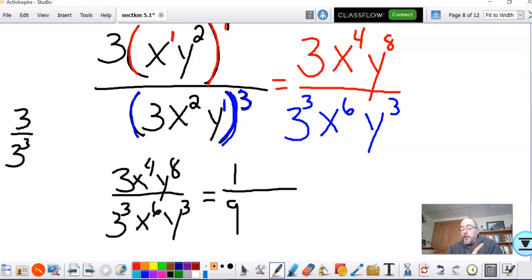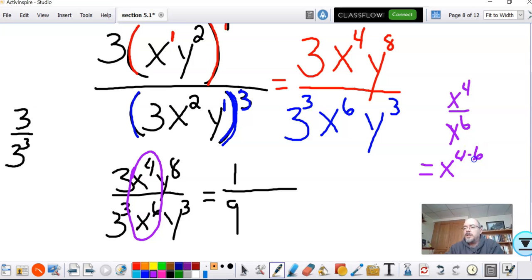Now, I'm going to circle this in purple, and go over here. If you remember, this is where we're supposed to subtract the exponents, right? So that would be 4 minus 6, but that's going to give me a -2. I don't want a negative.